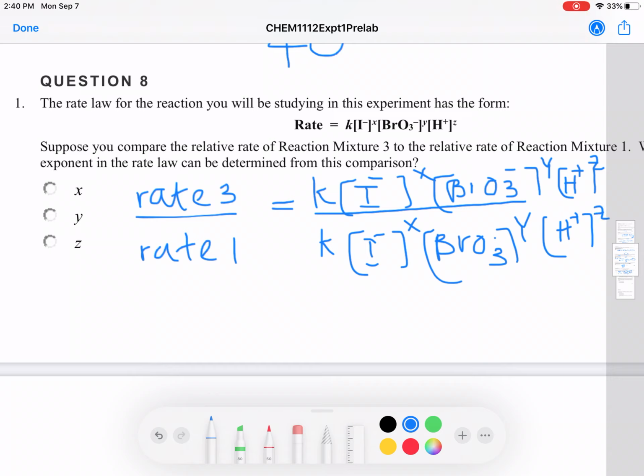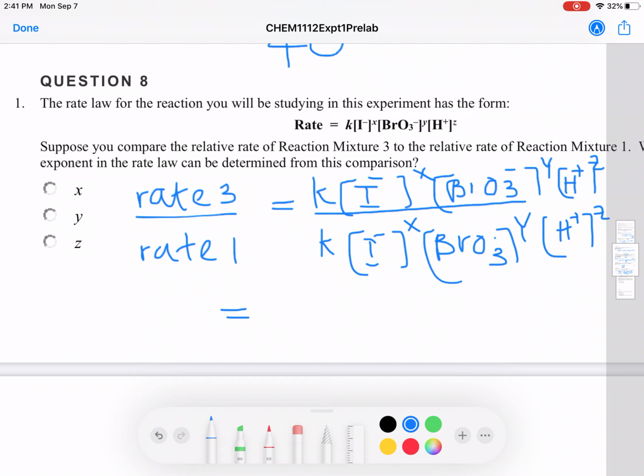Now you have to go back to your concentrations, or we can also do it by the volume, because if it is the same volume, the concentration is going to be the same amount, since we have all of the reaction mixtures at 50 milliliters. So if you refer to rate 3 and rate 1, go ahead and check that table.